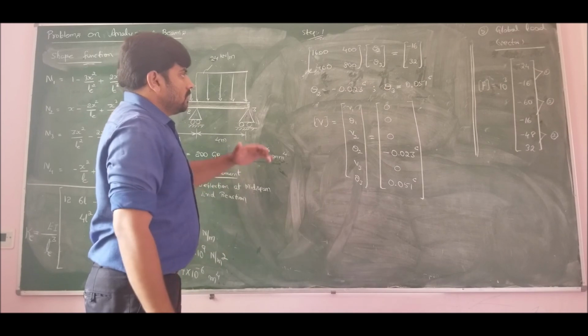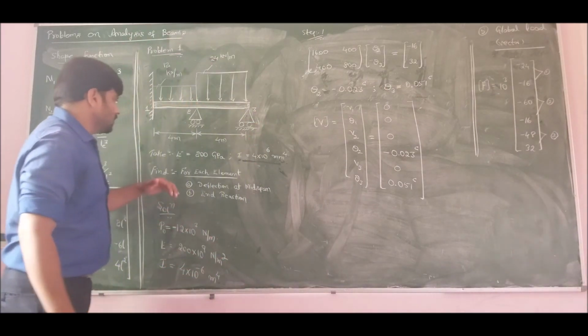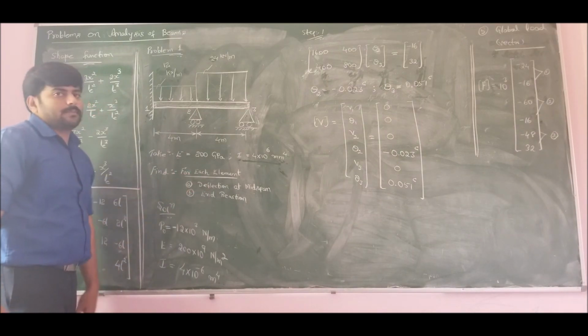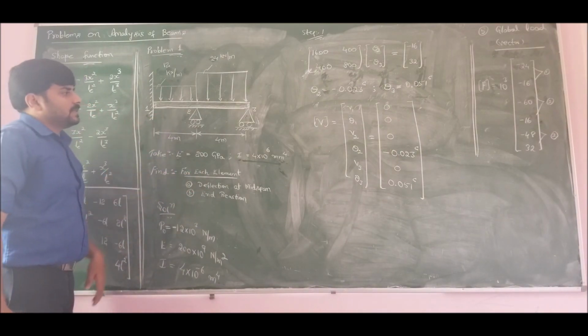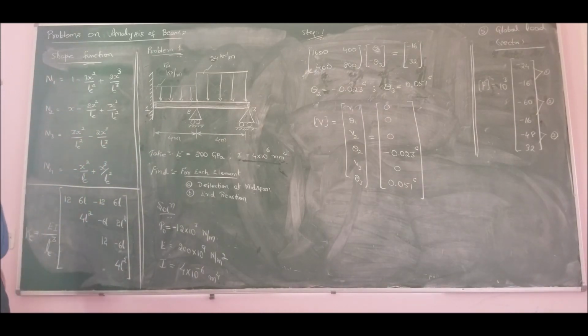So now, by knowing the field variables, I can easily determine what he has asked. In the question he has asked, for each element, compute the deflection at midspan. So to compute the deflection at midspan for each element, I should make use of shape functions.